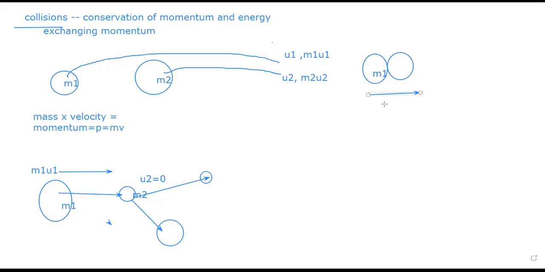So the force applied by mass m1, I will write it as F1, and this is the mass m2. It applies a force on m1 in this direction, from right to left.